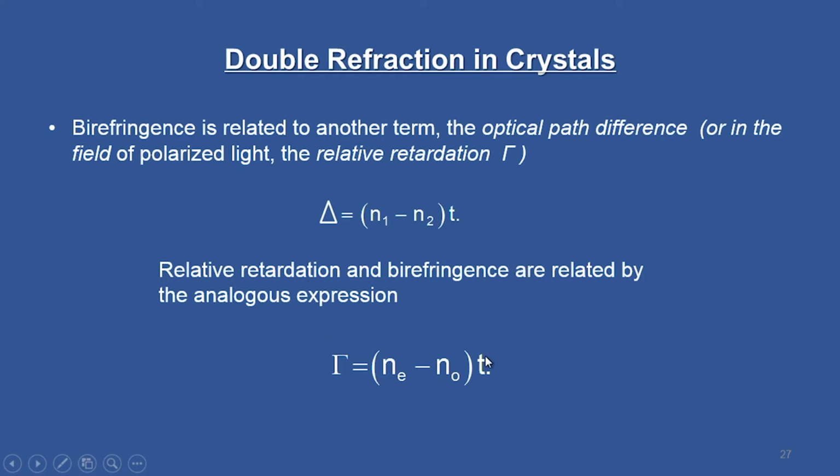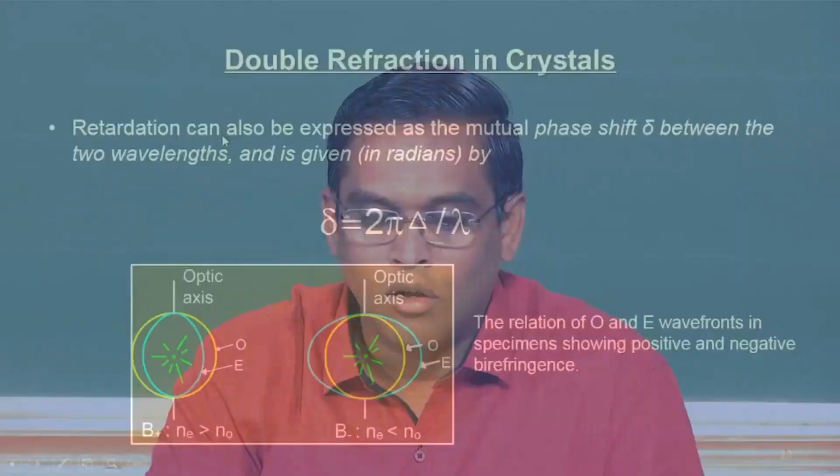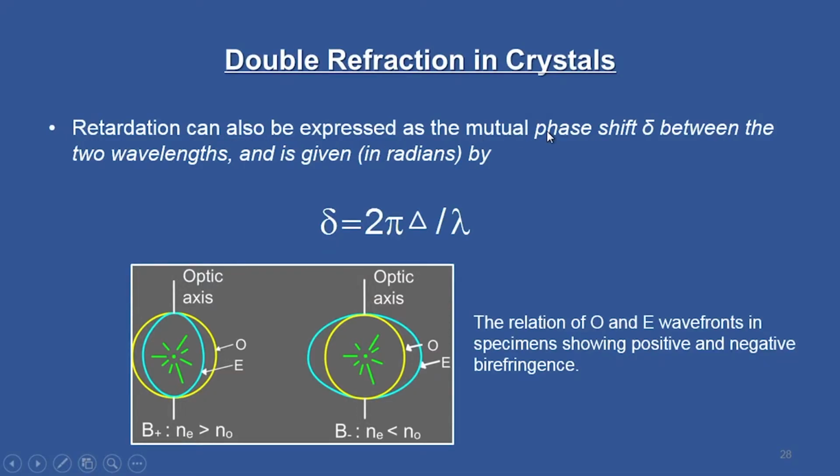So, these parameters will be useful when we talk about the enhanced amplitude of the resultant wave which comes out of the object, which produces a better contrast in the polarized light scheme. Retardation can also be expressed as the mutual phase shift delta between the two waves, and it is given in radians by small delta equals 2 pi delta divided by lambda.